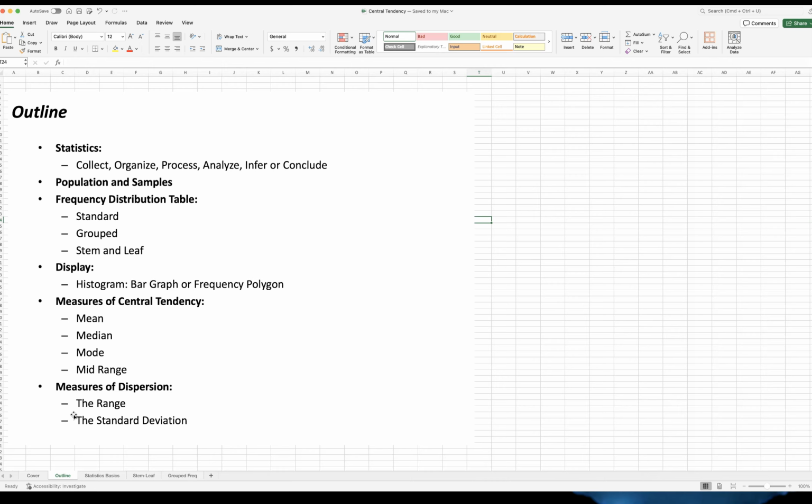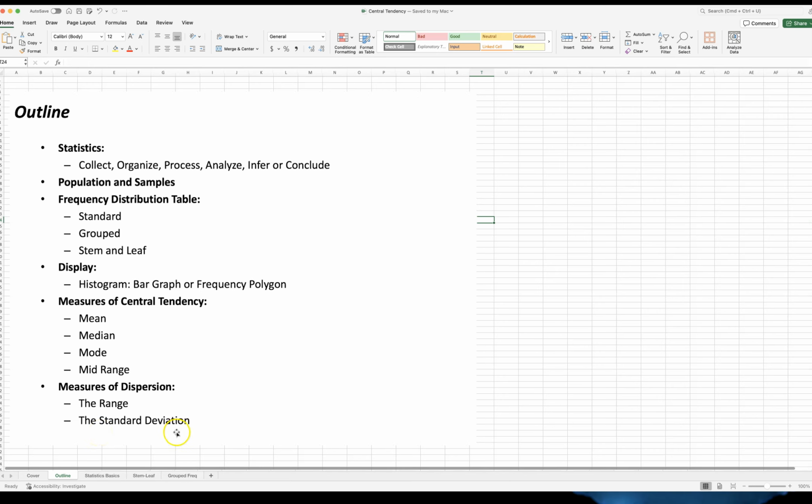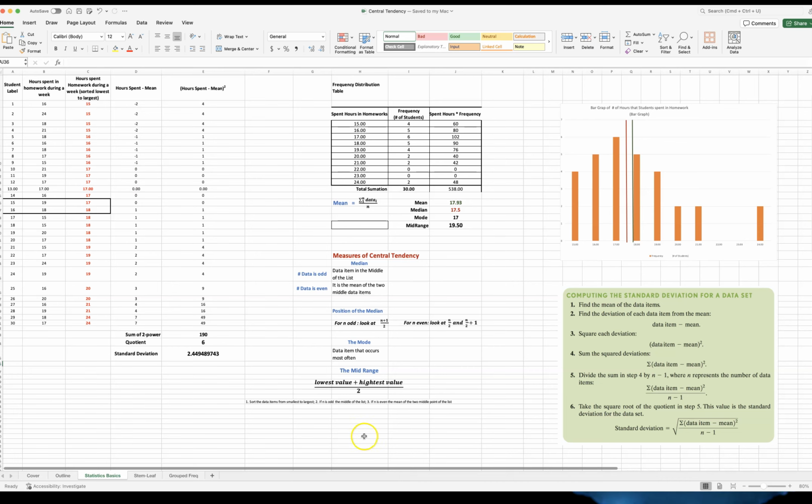How far are they? Well, I'm going to discuss different strategies to compute that distance. And the one that we're going to use is what is called the standard deviation.